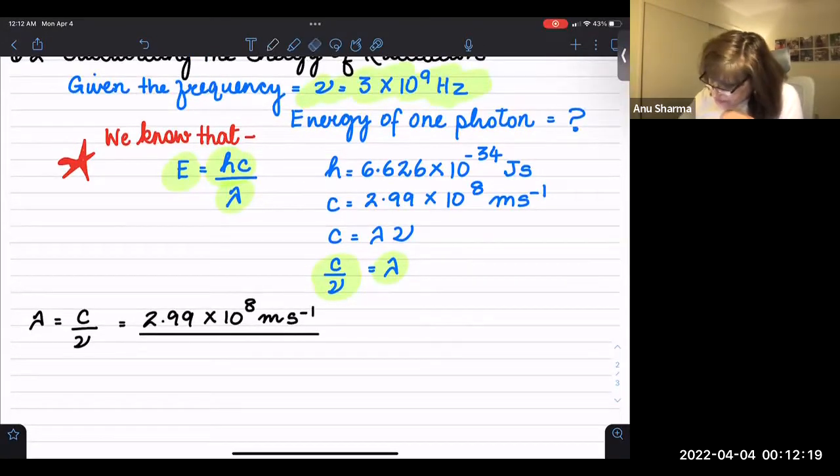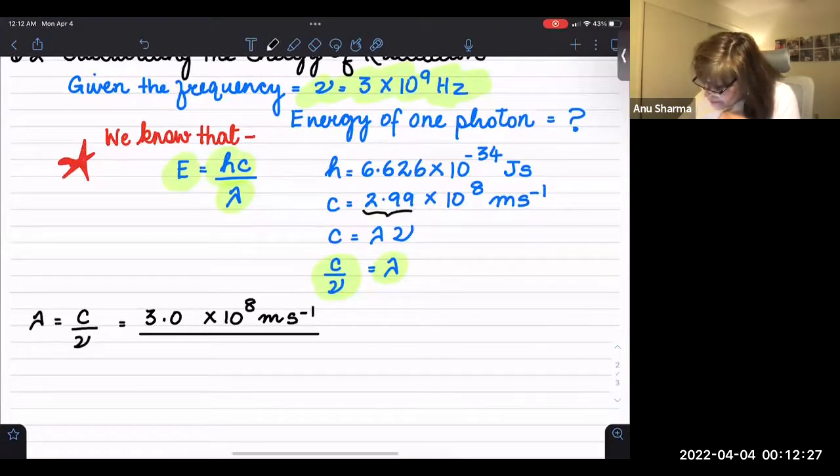So in other words, just for the sake of convenience, this can be rounded up to 3.0 into 10 to the power 8 meters per second.